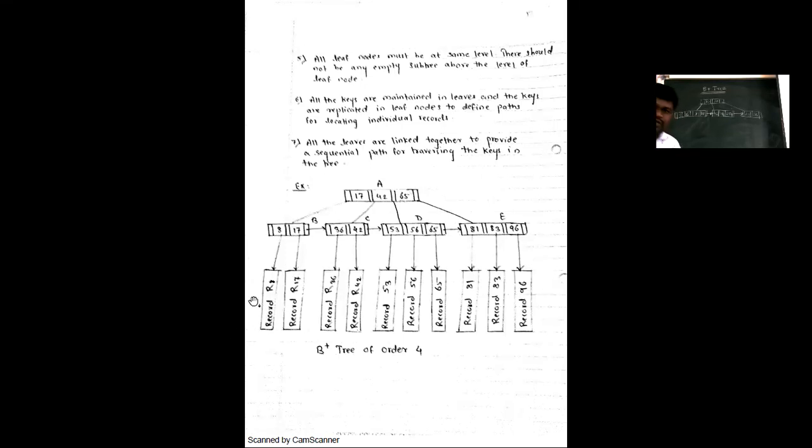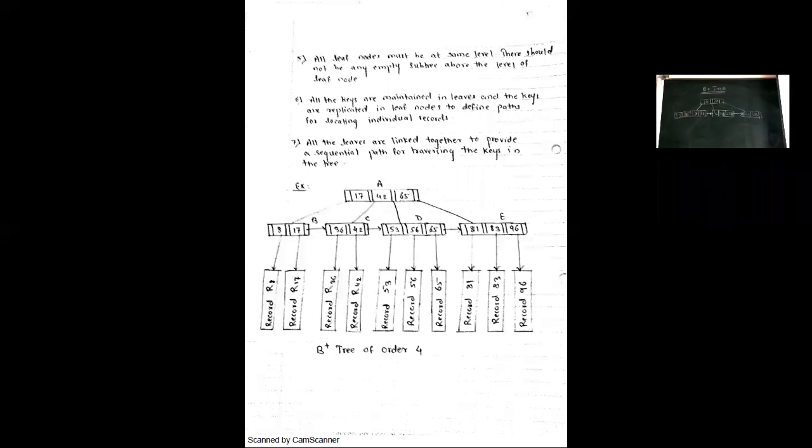And after that, the records of all the keys I have written here: record R1, record R17, record R36, record R42, record 53, record 56, 65, 31, 83, 96. So in the diagram you can observe all these records are maintained at leaves only, right?